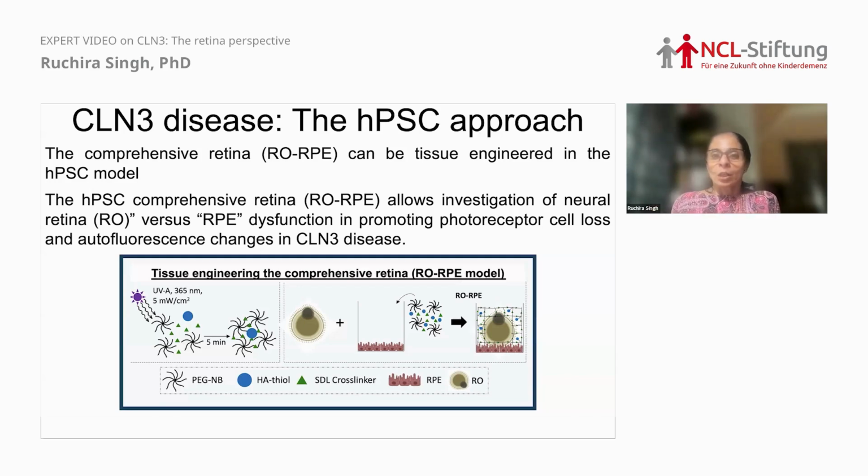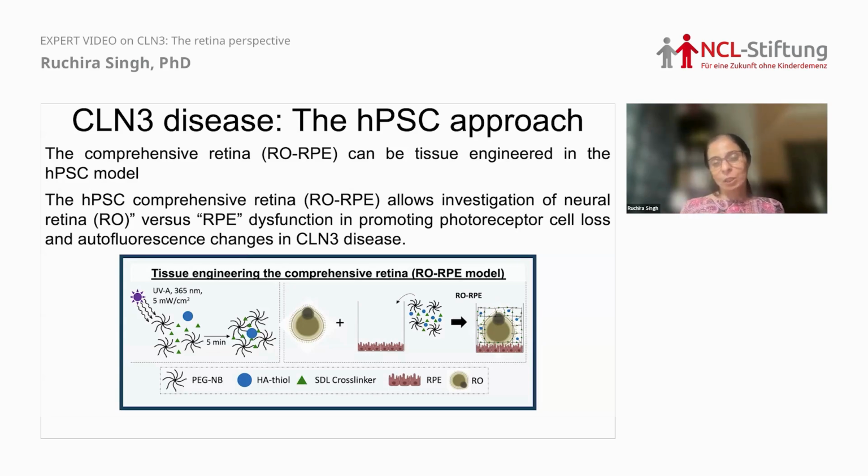So the comprehensive retina, where you can now combine the retina organoid with RPE, has been developed by my laboratory recently, and this allows the investigation of neural retina, or the retina organoid, versus RPE dysfunction now in promoting photoreceptor cell loss in the whole combined tissue.